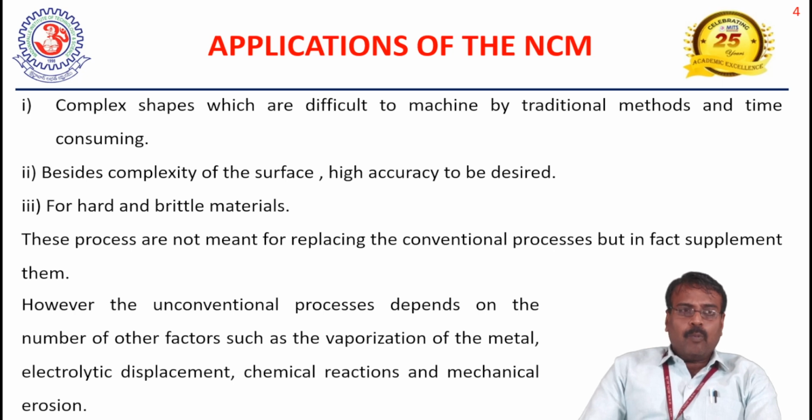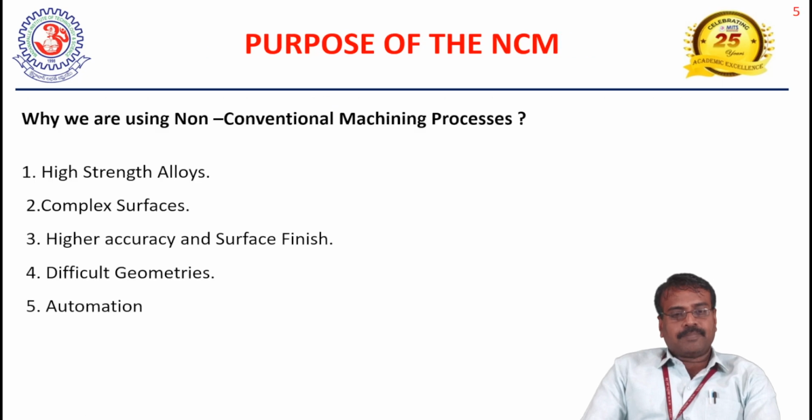And whenever we need to machine complex shapes or surfaces with high accuracy, then we have to switch over to the non-conventional machining process. However, the non-conventional machining process depends on a number of other factors also, that is, vaporization of metal, electrolytic displacement, chemical reactions, and mechanical erosion.